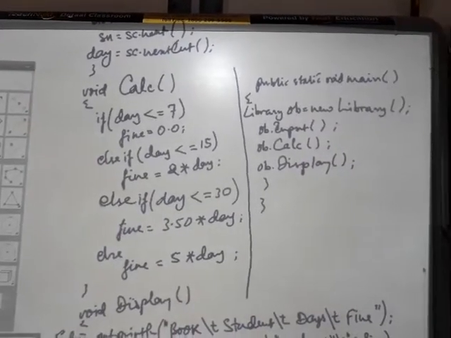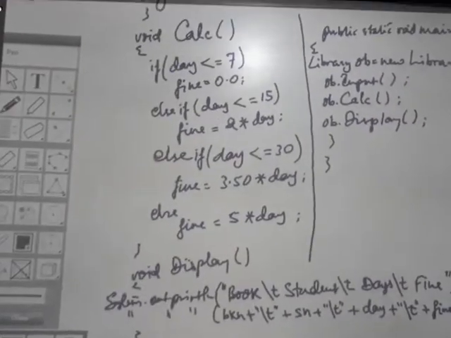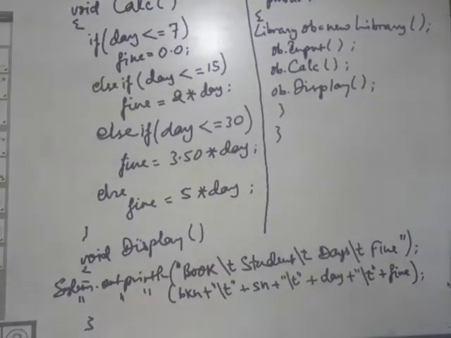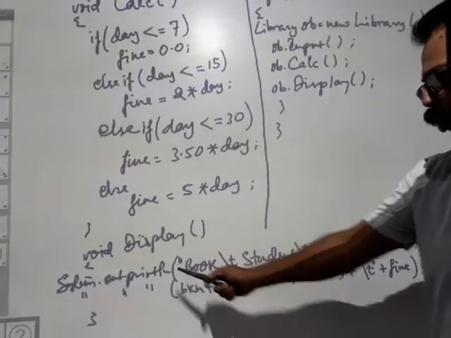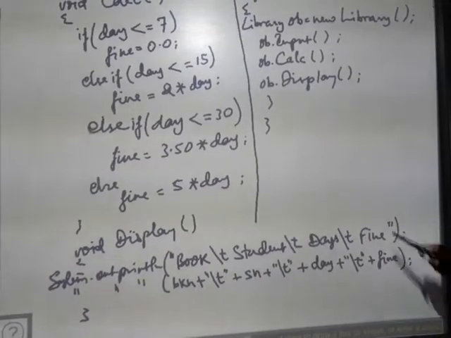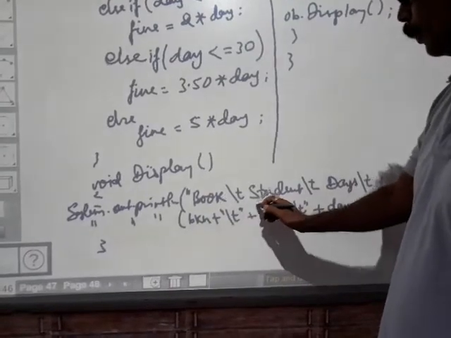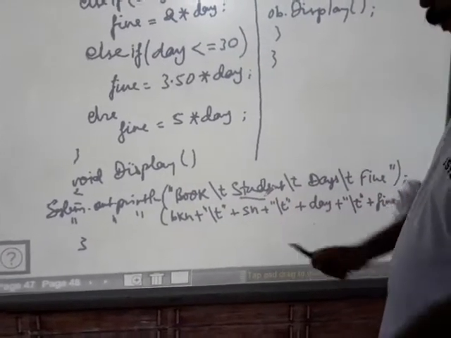Then comes void display, the display part, where we have to print. Look at how we print the format first, the heading. Within double quotes open and within double quotes close, separate the field names. Each field name is to be separated by a \t, that is an escape sequence, a tab character.